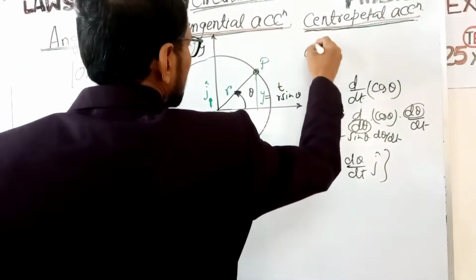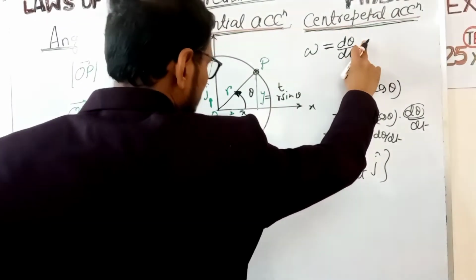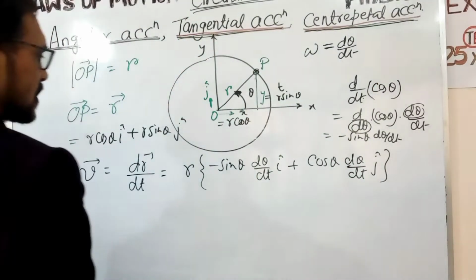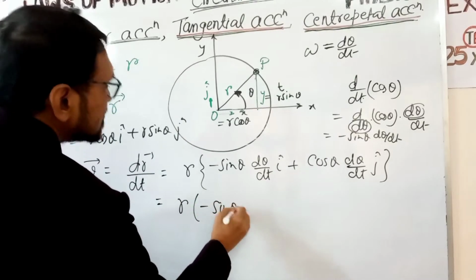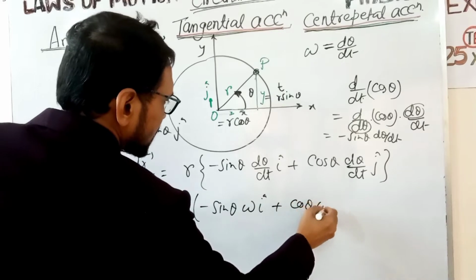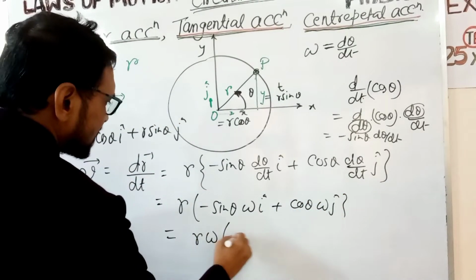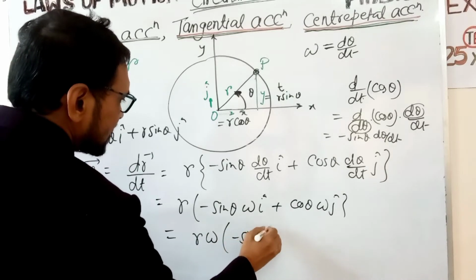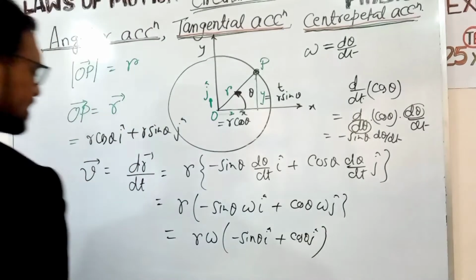Now what is d theta by dt? We know omega equal to d theta by dt, that is, the rate of change of angular position is known as angular velocity. So this equals r times minus sin theta omega i plus cos theta omega j, that is r omega times minus sin theta i plus cos theta j.